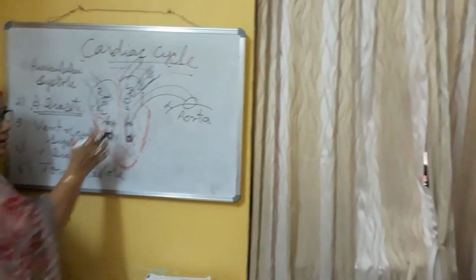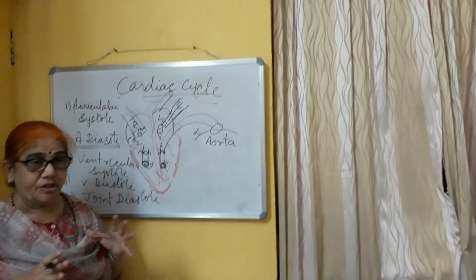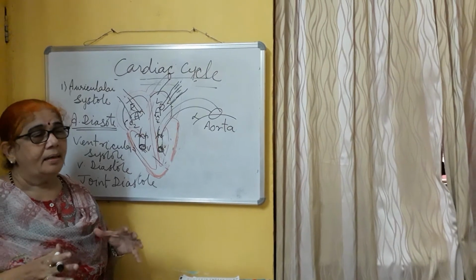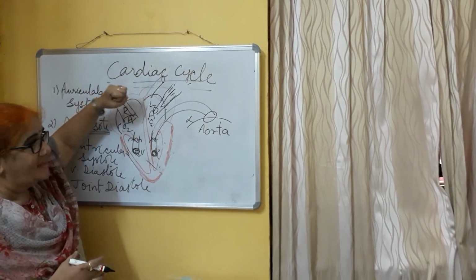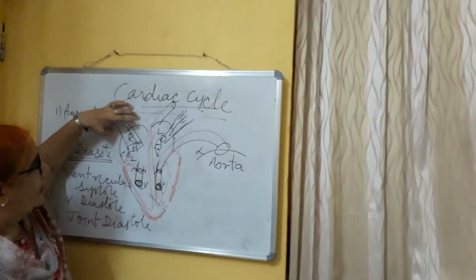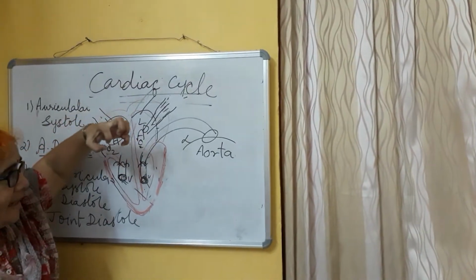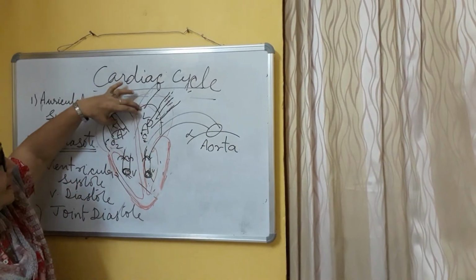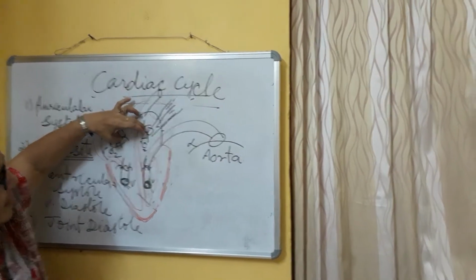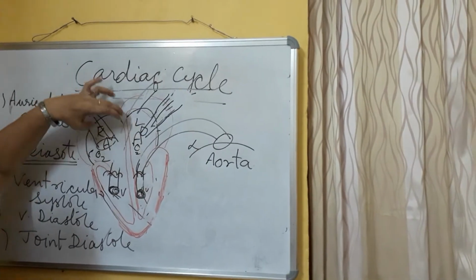Now auricular contraction, systole, has to take place. Then it is just squeezing out like that. Both the auricles contract and become smaller. When they are squeezed, when they are contracting, the blood will flow from the auricles.